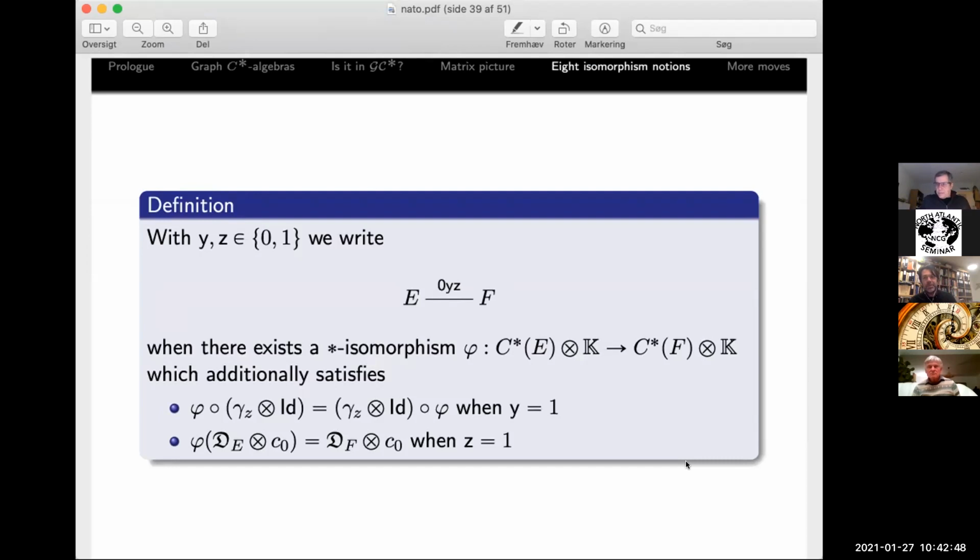To many people, I think that's a surprising choice, because there's a regular choice of doing this that comes up in Takai duality, which is perhaps a more natural choice from the perspective of cross products and these kinds of things. But it turns out to be the right thing for what I want to do here. You could also take it diagonal, because you also have a gauge action on the compacts, but you don't want to do it.